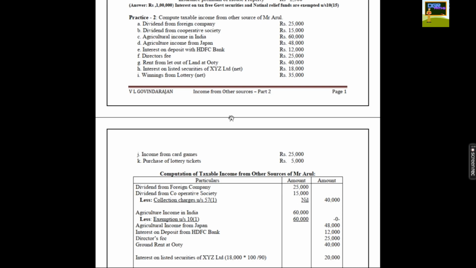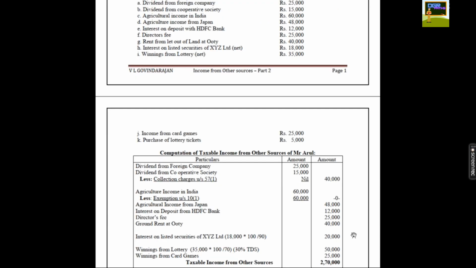Dividend from foreign company fully taxable. Dividend from cooperative society also fully taxable. No collection charges. Agriculture income in India was fully exempted under section 10(1). Agriculture income from Japan fully taxable. Interest on deposit from HDFC fully taxable. Director's fee fully taxable and ground rent at Ooty fully taxable.